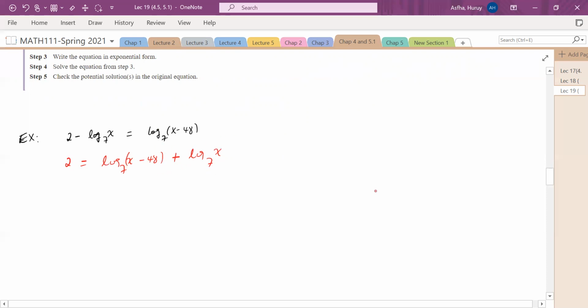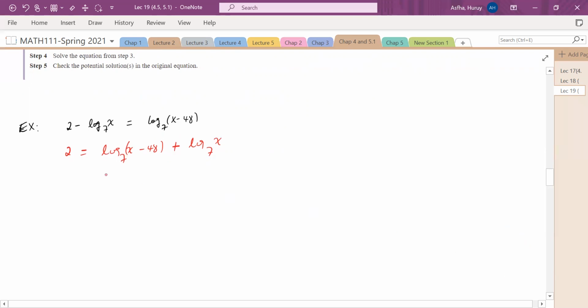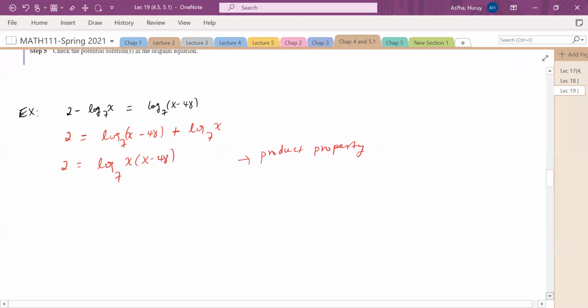Again, we use the product property. So we have 2 equals log x times (x minus 48) base 7. This is by using the product property.